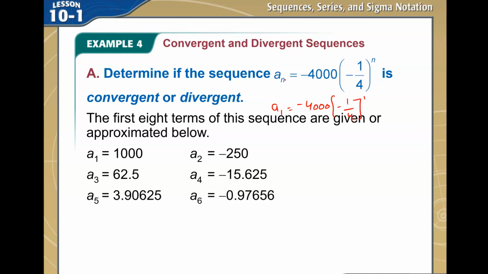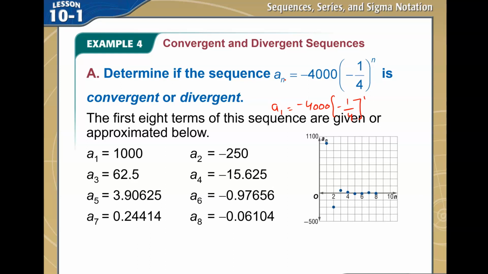So these are the 8 terms you will get, and the graph of these 8 terms looks like this. Okay, now if you try to join these numbers, you will get something like this. You don't have to join them, but I'm trying to explain something. Now what do you notice?